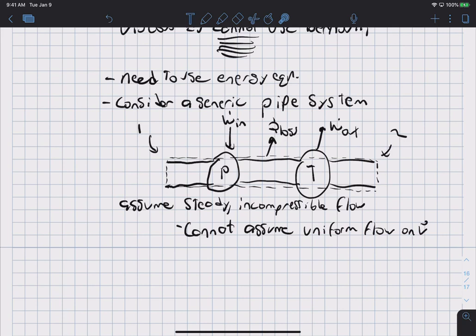Because we know that whether it's turbulent or whether it's laminar, there's going to be a velocity profile, some sort of velocity profile inside of the pipe. Or if it's turbulent, it'll look something more like this, okay? And so we need to account for these velocity profiles, so we can no longer assume uniform flow.